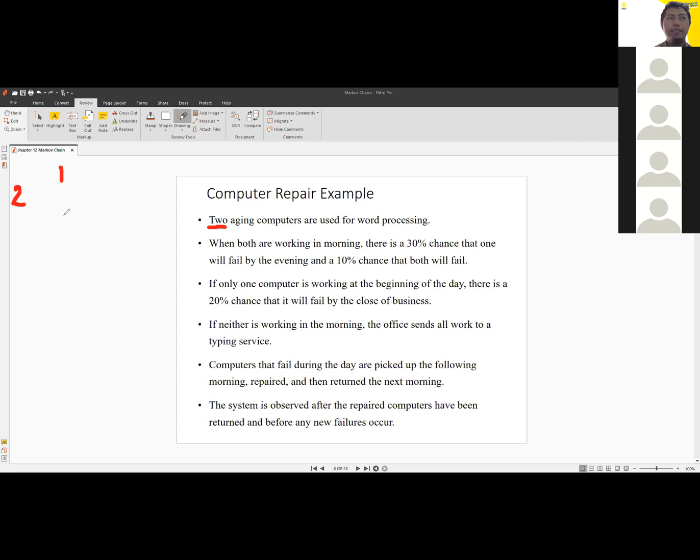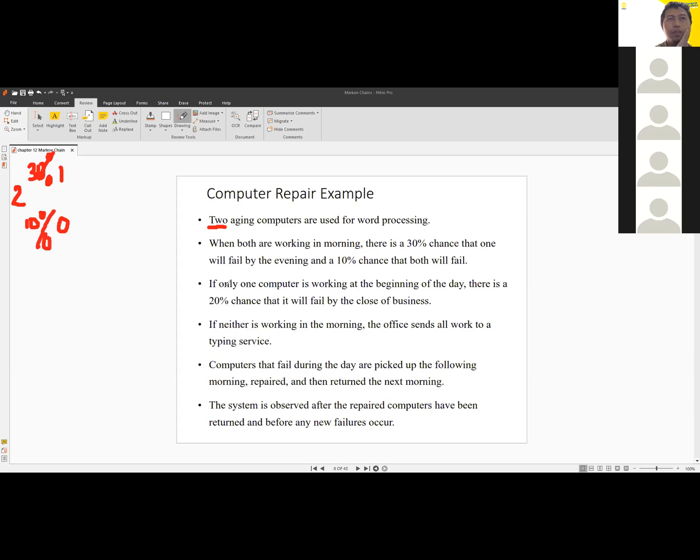In this case, the probability is 30%. And then both fail, so there is no good computer, but we have 10%, right?